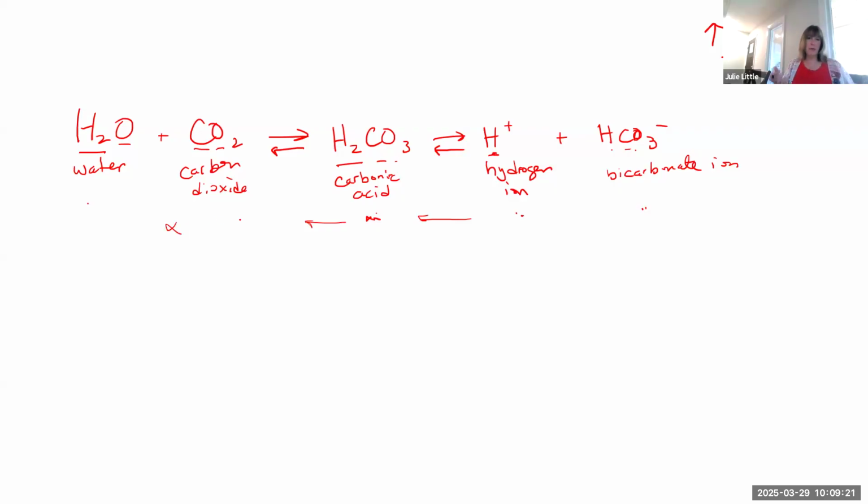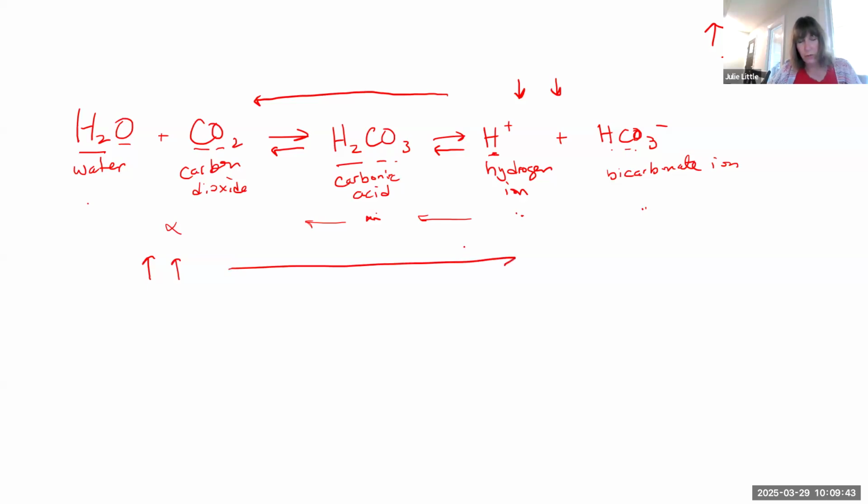The system is in equilibrium, and so you need to know which way it's going to go. It's normally going back and forth to keep all of the parts in what we call equilibrium. But if you add a lot to this side of the equation, the equation usually shifts to the left. If you add a lot on this side, namely carbon dioxide, you shift to the right.